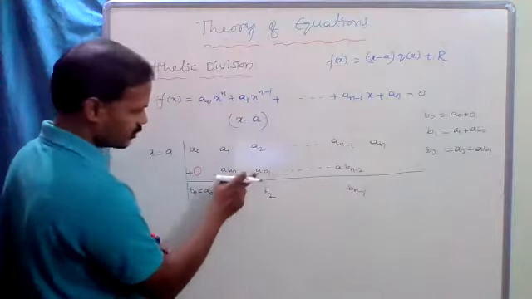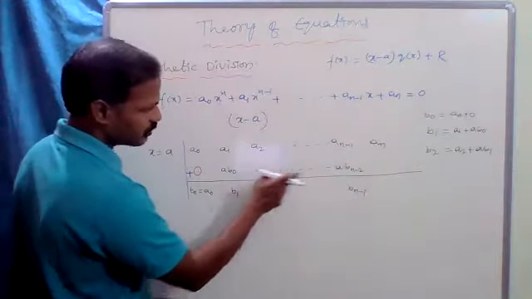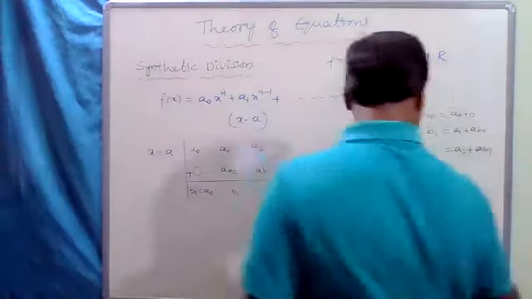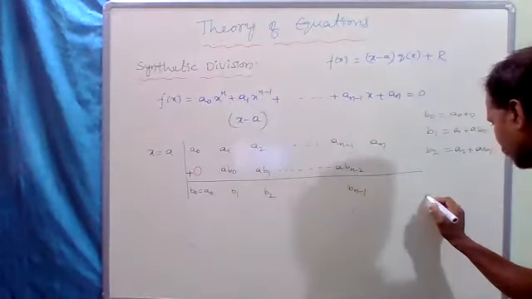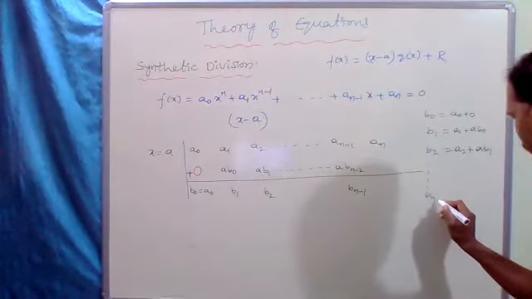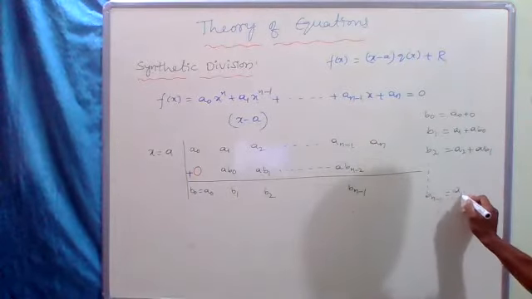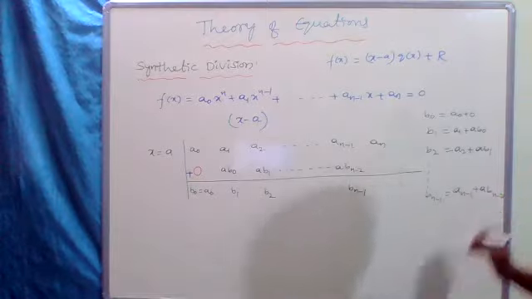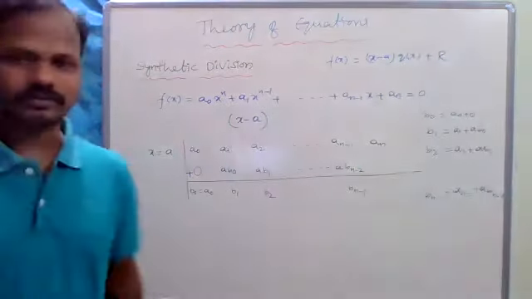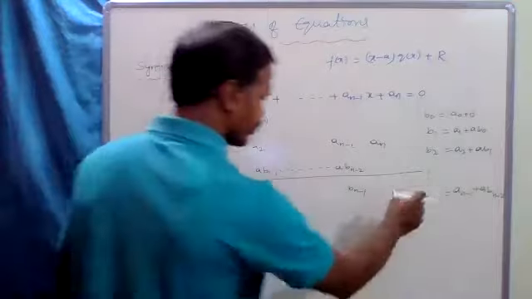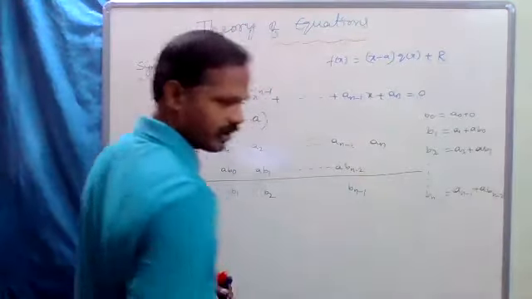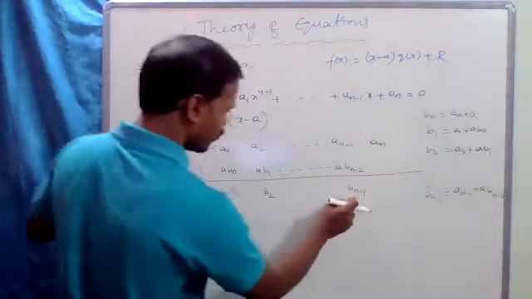So b n minus 1 equal to a n minus 1 plus a b n minus 2. Now at last here, what do you have to do?